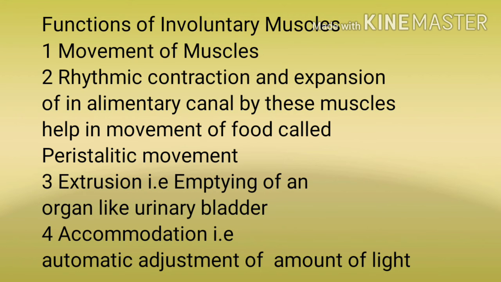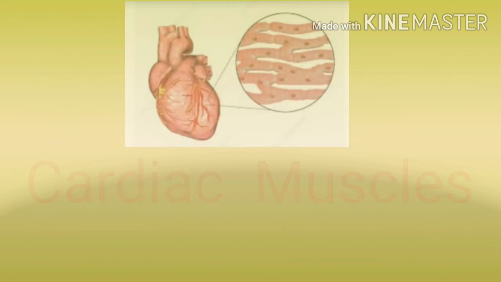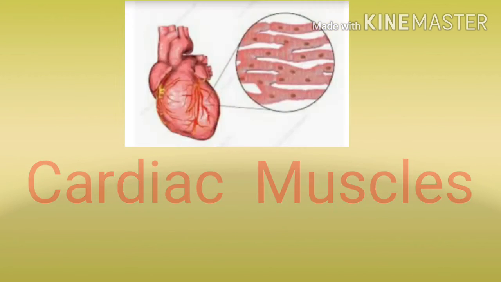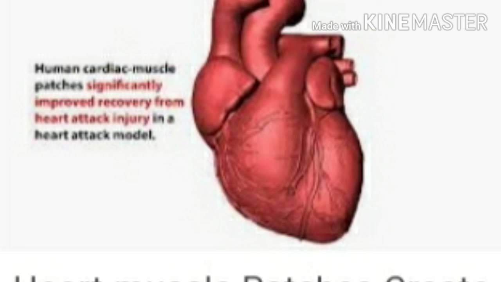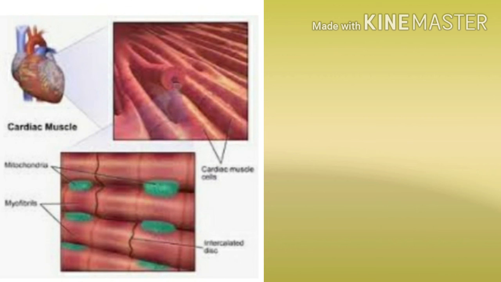Third category of muscles are cardiac muscles. Cardiac muscles resemble both striated and smooth muscle fiber in some characteristics but also have some peculiar characters of their own.